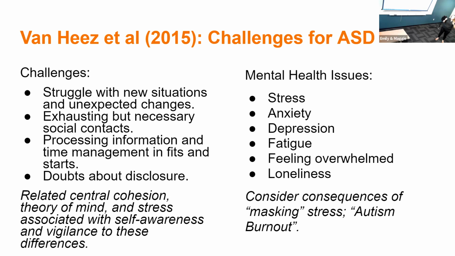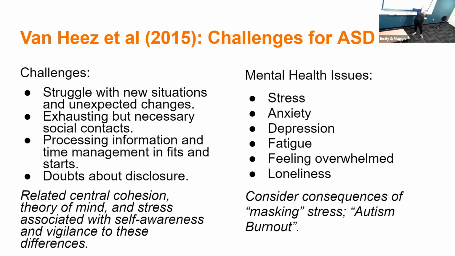Processing information and time management can come in fits and starts. A lot of students have doubts about disclosure, right? Willingness and feeling comfortable with disclosing what they're going through. And so all of these challenges, if you look at what the theory is, central coherence, theory of mind, the ability to understand another person's point of view.